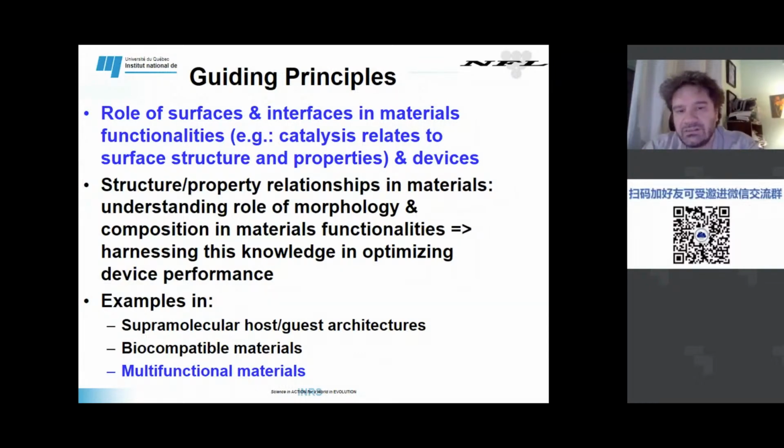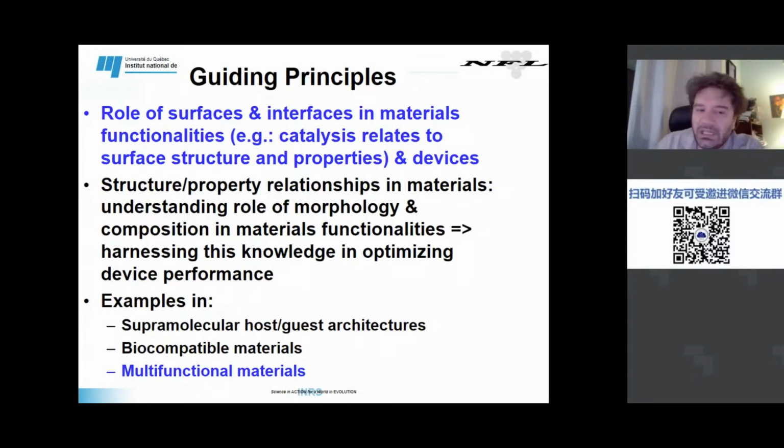And then since we use these as building blocks for emerging technologies, once we understand the basic concepts of surface property, structure property relationships, then we harness this knowledge to optimize device performance. We work, as mentioned, on several classes of materials today. I will focus on our work in what are called multifunctional materials, which, as the name suggests, are materials that exhibit two or more functions or properties.